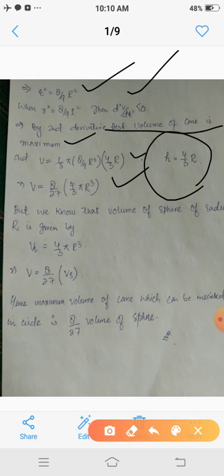But we know that the volume of a sphere whose radius is capital R is v equals 4 by 3 pi R cube. Hence v equals 8 by 27 of the volume of the sphere. This means that the maximum volume of the cone that can be inscribed in a given sphere is 8 by 27 times the volume of the sphere in which it is inscribed.